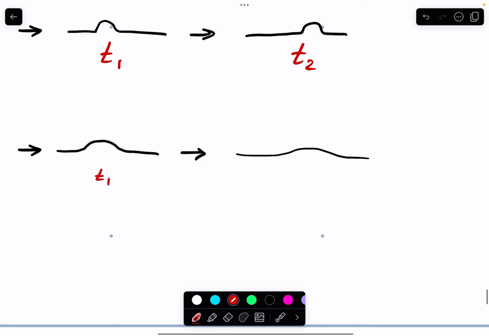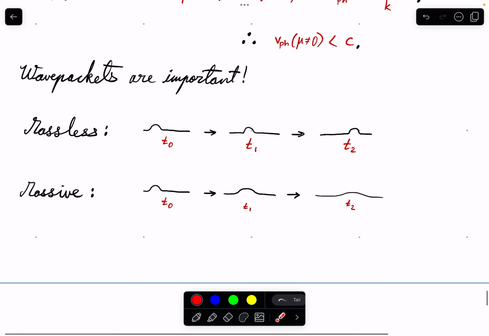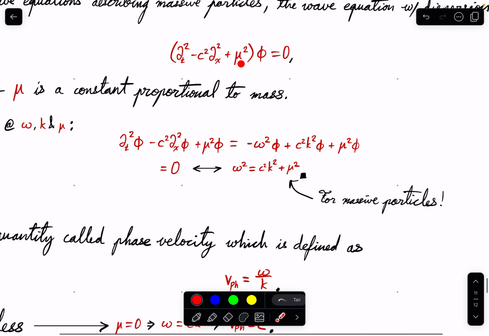So the center has been moving to the right, but it has dispersed. It's not as localized. This is what happens for massive particles, and it's a result of the wave equation having a mass term.